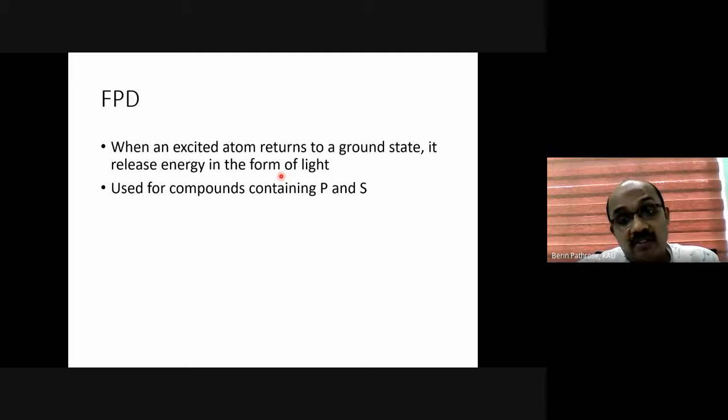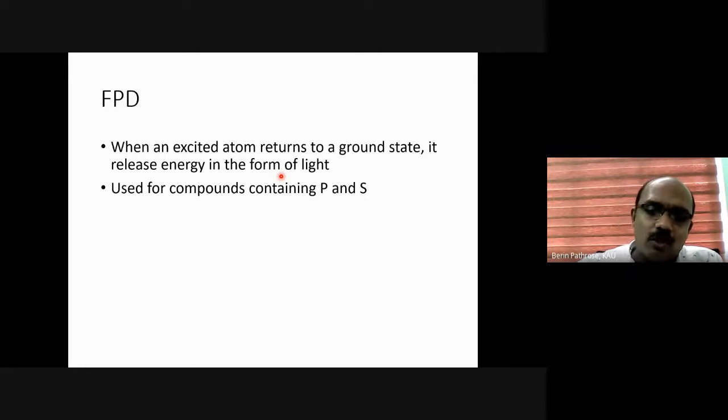The next one is flame photometric detector. I told you about flame photometer in the case of potassium analysis in soil. So any compound, not all compounds, certain compounds, once it is burned, moves into an excited state. In chemistry, you might have learned it. Electrons moving into an excited state. Once it returns back to the normal state, it releases energy. Do you remember that in school?